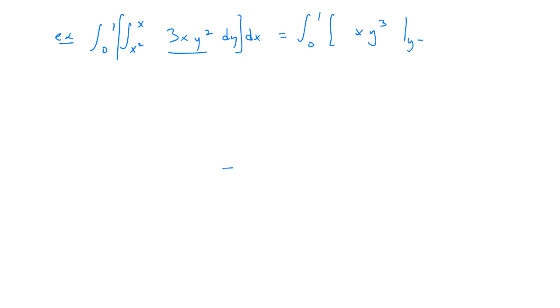Again, for our limits, we remember that we're plugging that in for y. So put in y equals x, which gives me x times x cubed. Plug in y equals x squared, which gives me x times x squared cubed. Which gives me this.